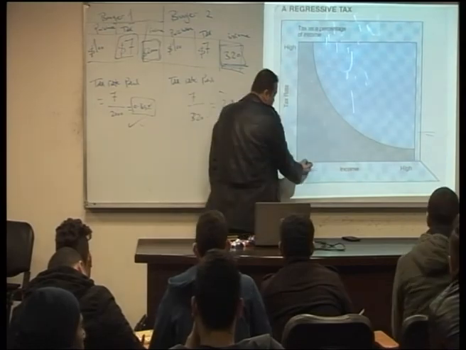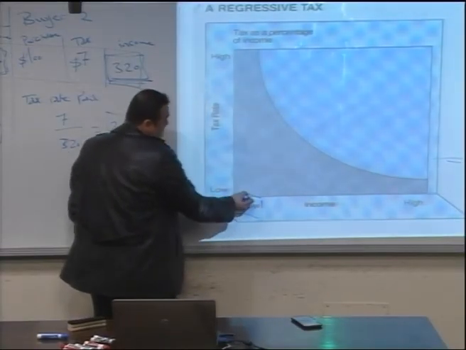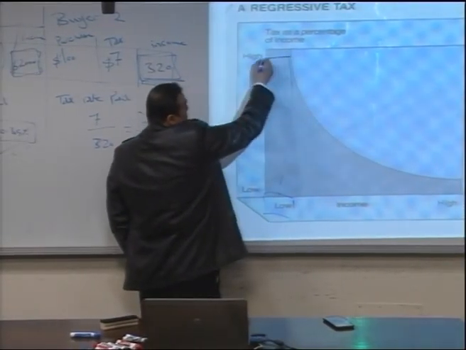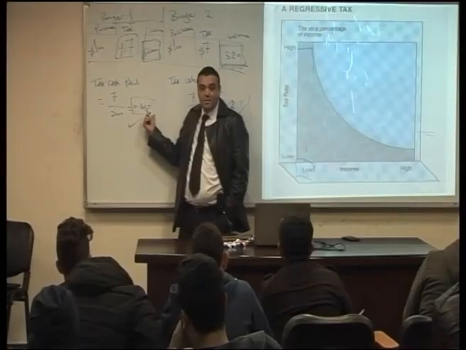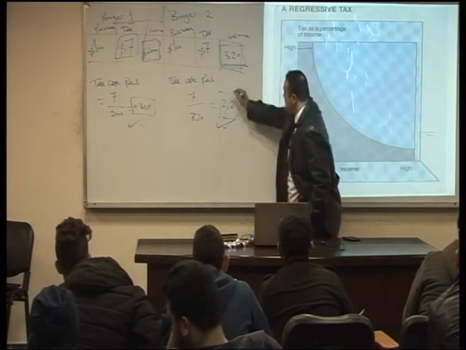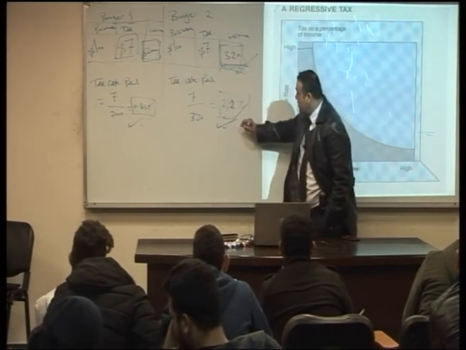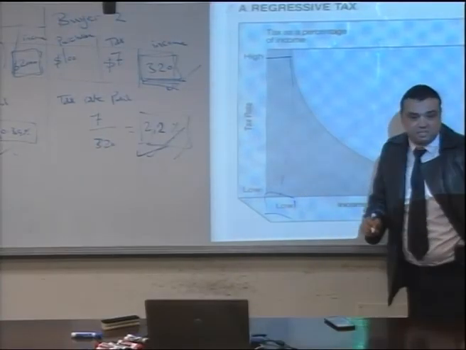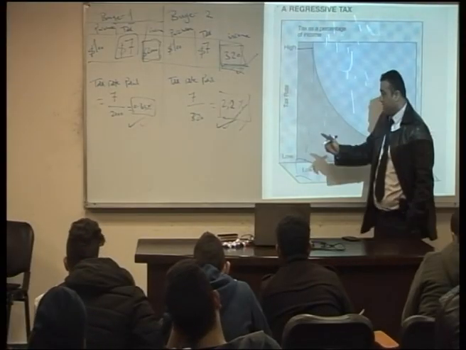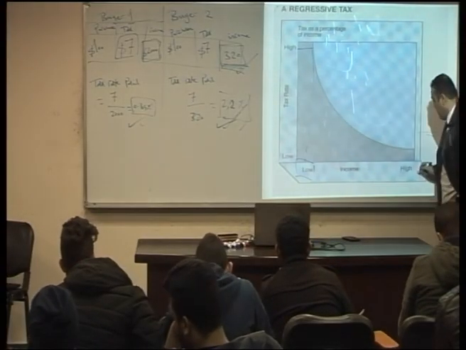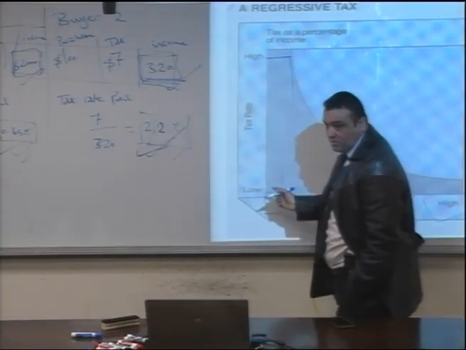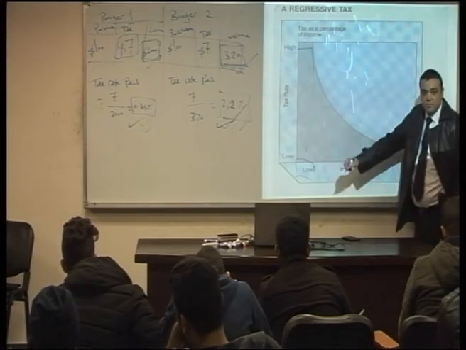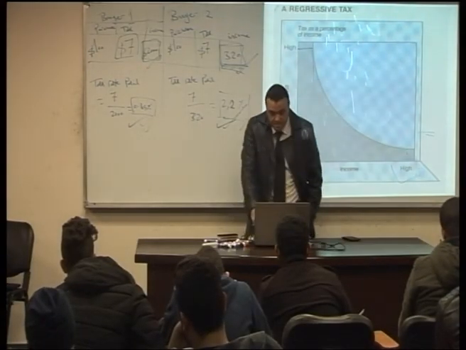As the income, here's the income low, and he pays high. This is what it is here. Sorry, here. His income is low, and he pays larger percentage of income for taxes. Here, the person with higher income pays lower taxes or lower tax rate here. Okay?